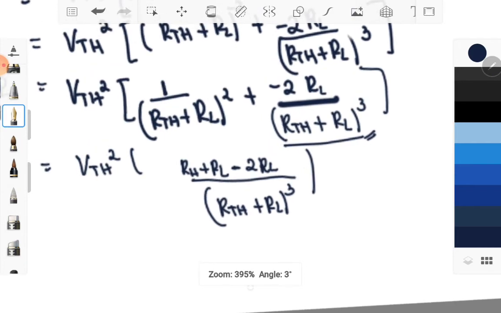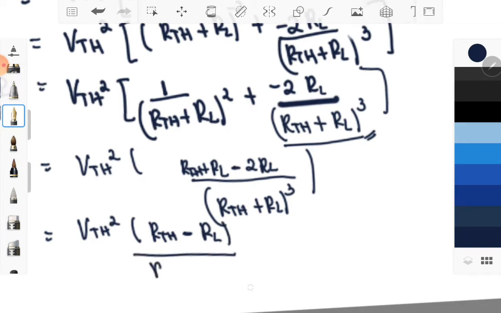So you'll have a value equal to VTH squared multiplied by (RTH plus RL minus 2RL), we have RTH minus RL, tama? Divided by (RTH plus RL) raised to 3.